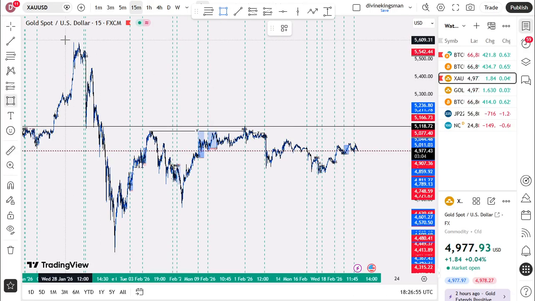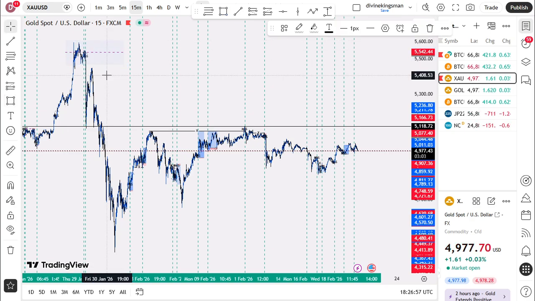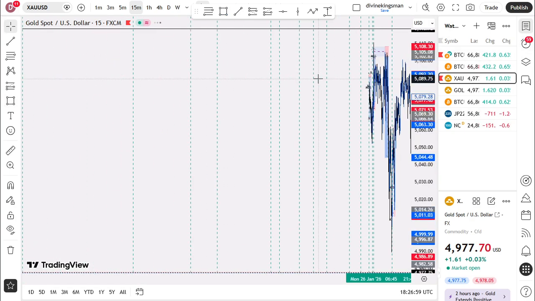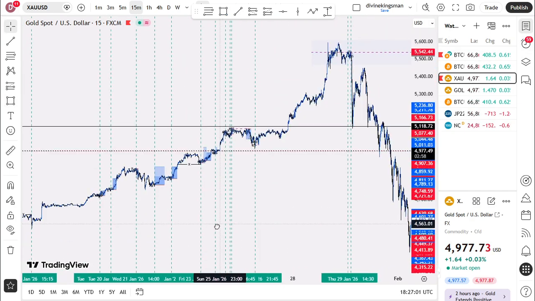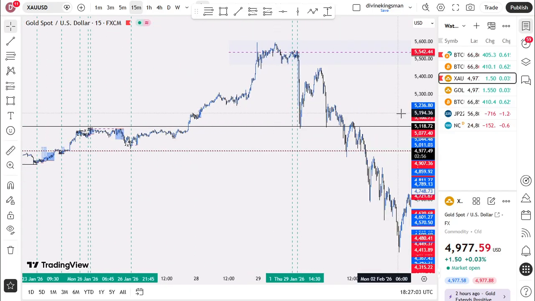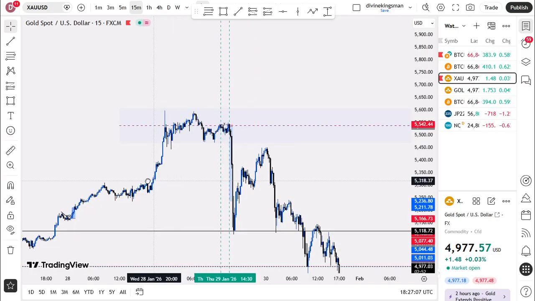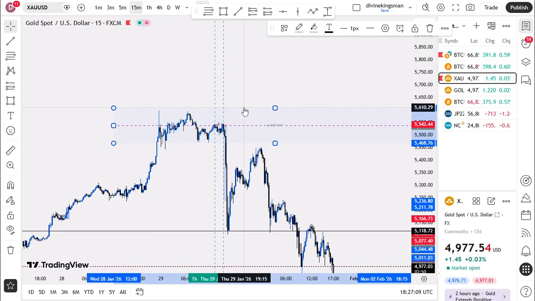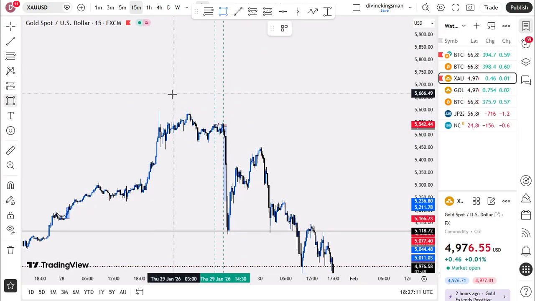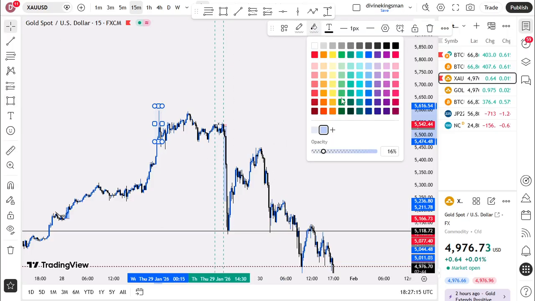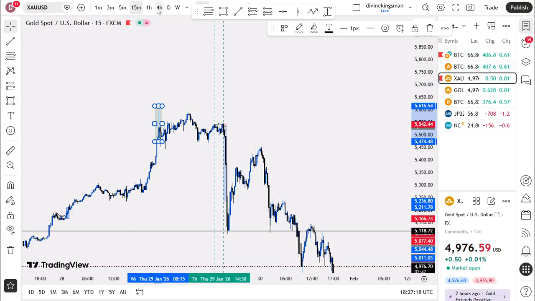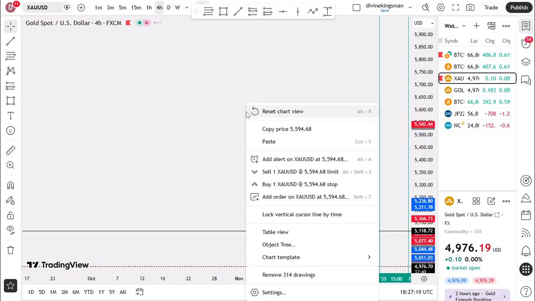This is the exhaustion candle. Let me check how it formed on the higher time frame. Can't remember. Let's check 4 hours.